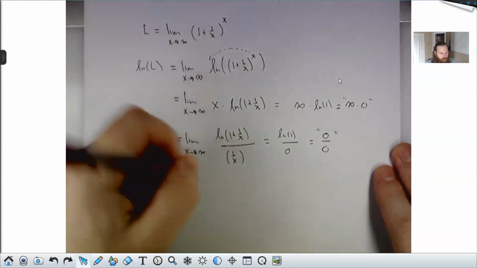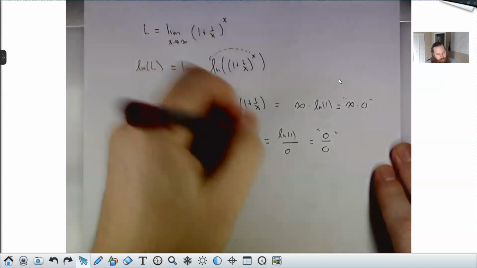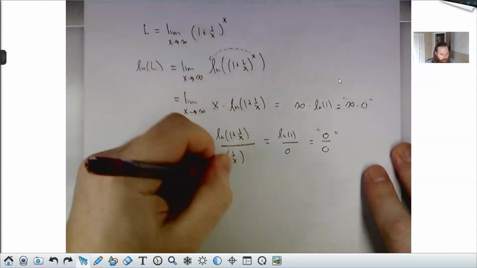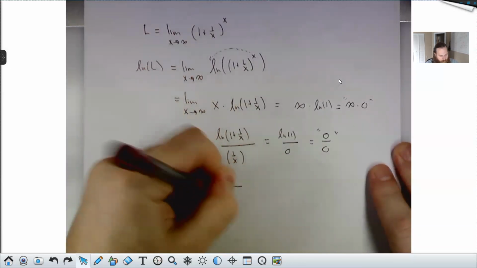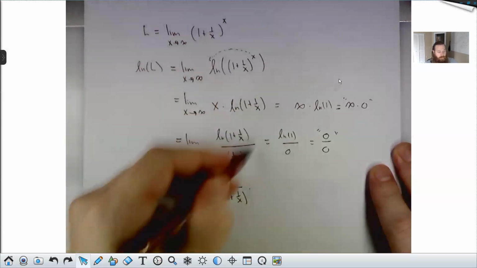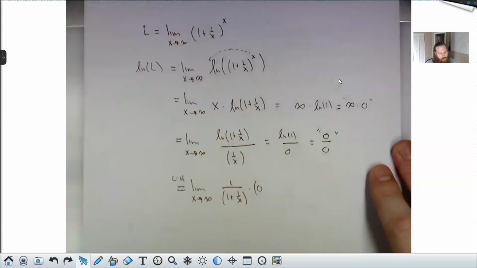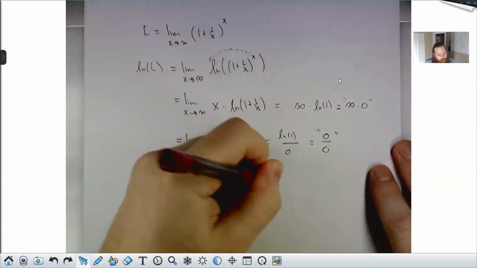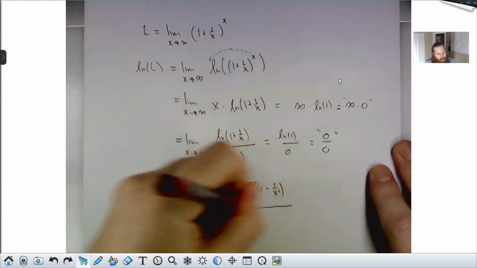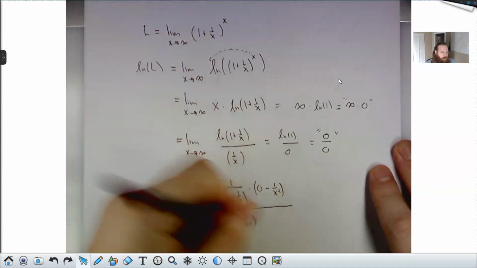According to L'Hopital's rule, this limit is the limit as x goes to infinity of the derivative of ln of 1 plus 1 over x, which is going to be 1 over 1 plus 1 over x, times the derivative of 1 plus 1 over x. The derivative of 1 is 0. The derivative of 1 over x is negative 1 over x squared. And downstairs, the derivative of 1 over x is negative 1 over x squared.